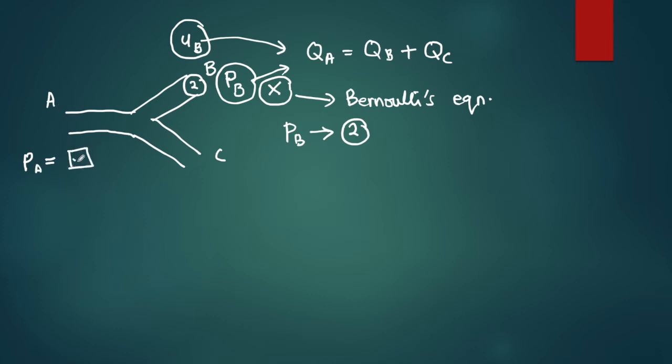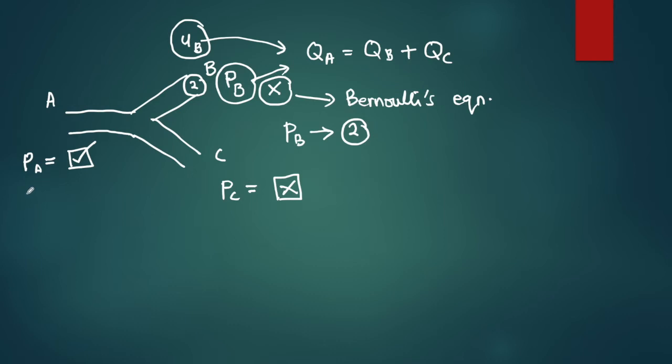If it is given, then you tick right. And then PC. What about PC? Maybe at this point there would be no PC, so you have to cancel it out. You put an X for PC.